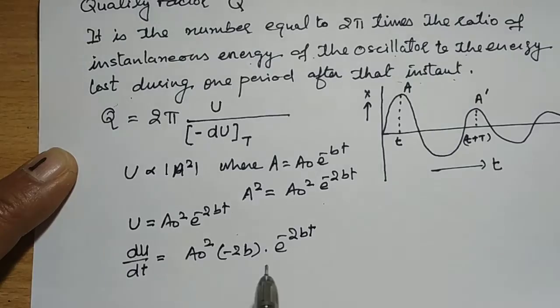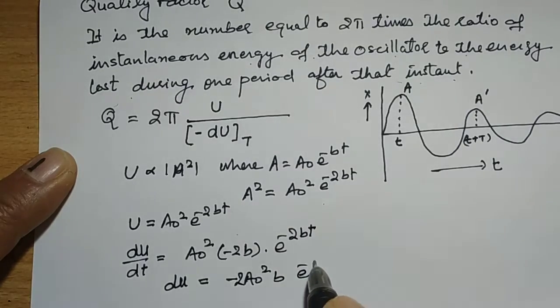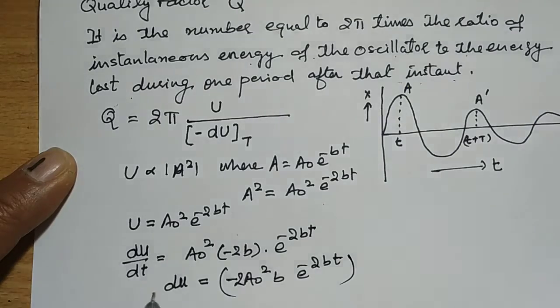Since we have to take this over the next one period, dU will be equal to A naught squared times minus 2b e to the power minus 2bt, and we multiply dt to this side.